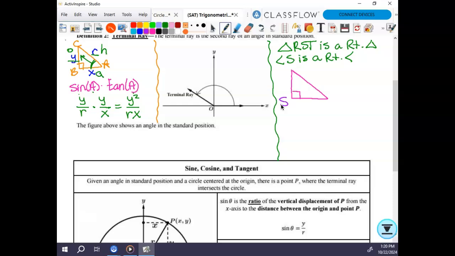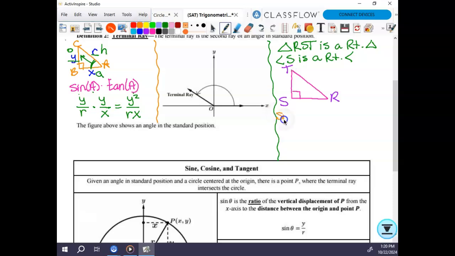That's a good question that I always get: how did you know to put R? Well, you know how I knew where to put S, right? How do I know which one's R and T? It doesn't matter, because as long as I label correctly after this, it'll be fine. So I'm going to put R here and T here, just because it really doesn't matter, and a decision had to be made. Then, this is what we are going to find.